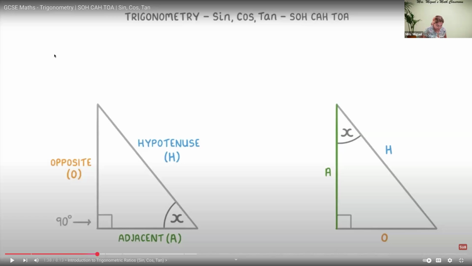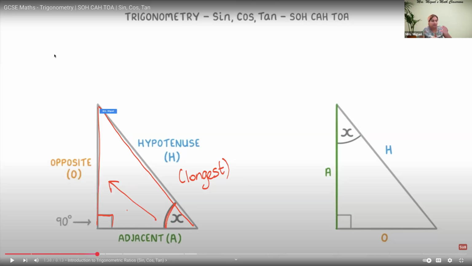Now, first things first, the side opposite the right angle is called the hypotenuse. And this is the longest side of a triangle. The angle X tells me which is the opposite side. So X is opposite to this side here.